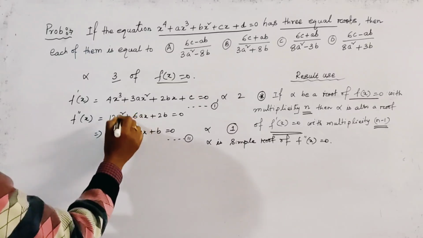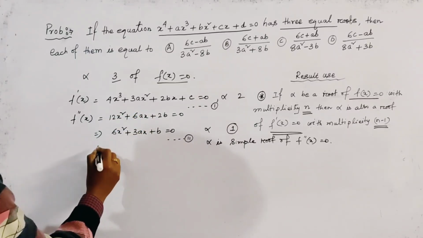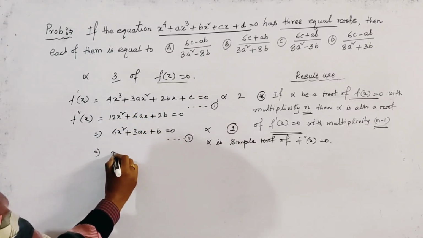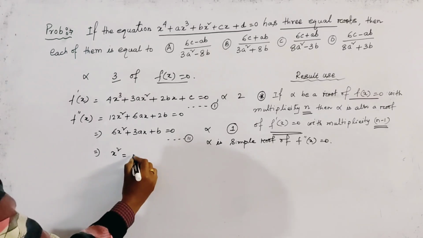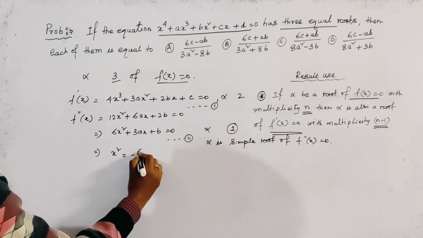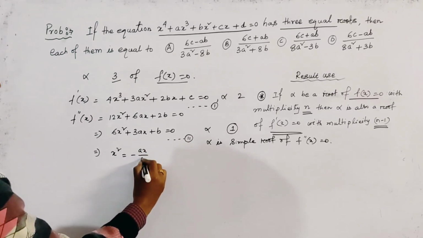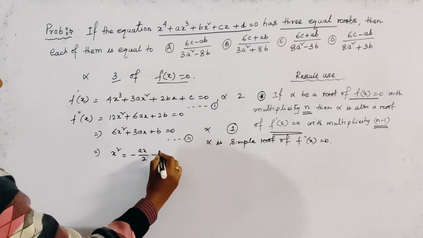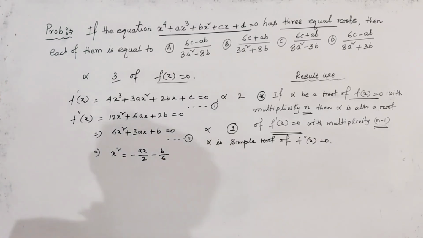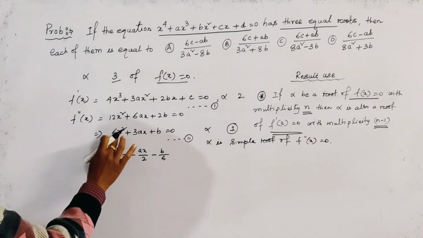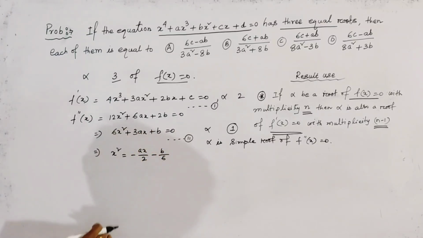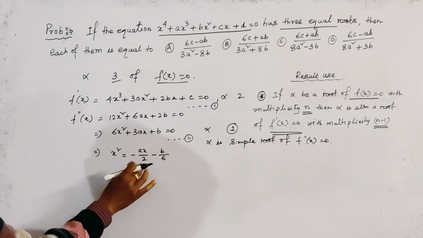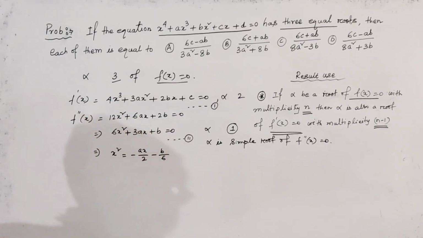How do we solve 1 and 2 for x? Here we put the value of x square. We first find the value of x square from equation 2: x square is equal to minus ax by 2 minus b by 6, that is 3ax by 6 minus b by 6.